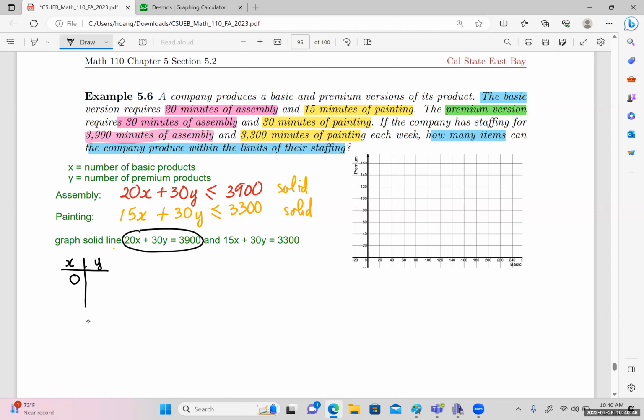When you plug 0 in, we have 20 times 0 plus 30y equal to 3900. Since 20 times 0 is 0, you can right away say y equals 3900 divided by 30, right? What is that equal to?